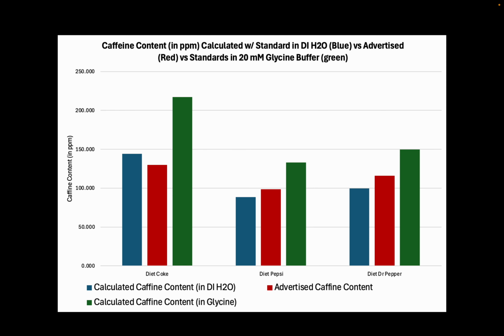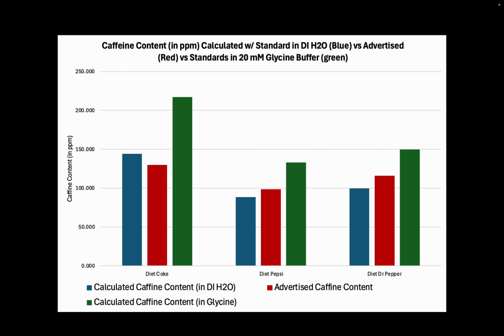Okay, so when we compare these with our calibration curves, this is what we get. The advertised caffeine content is in red, and you can see that the caffeine content is pretty significantly off here. The blue bar is the DI standards, and actually for caffeine, it came out not bad. It agreed pretty well.